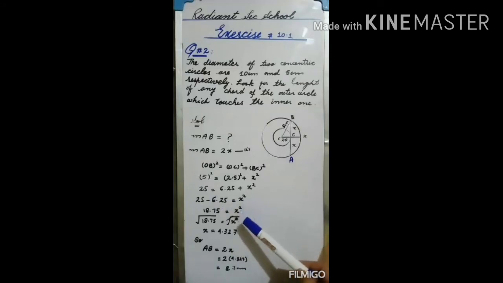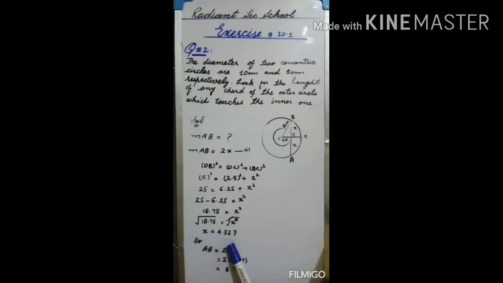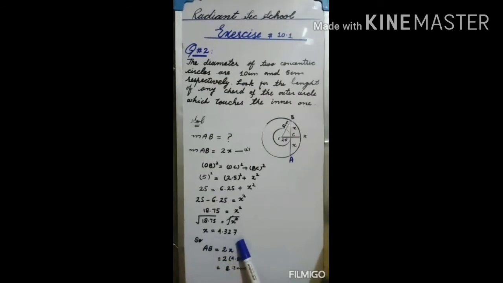Then take the square root on both sides. Then you will get the value of x equals 4.327. In the start I wrote that the measurement of AB equals 2 times x. So by putting the value of x in it, you will have your answer, 8.7 centimeter.